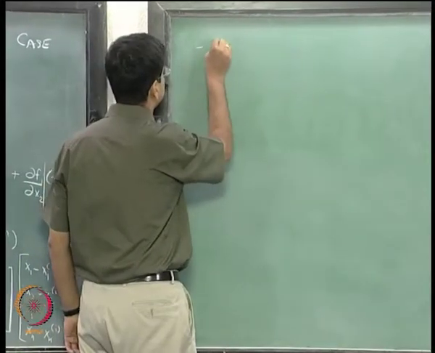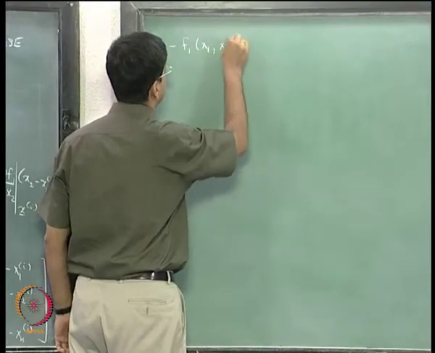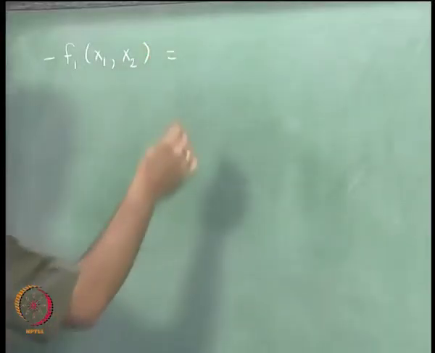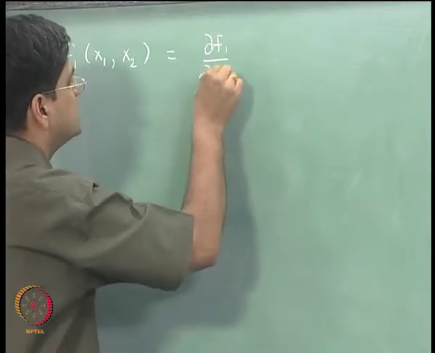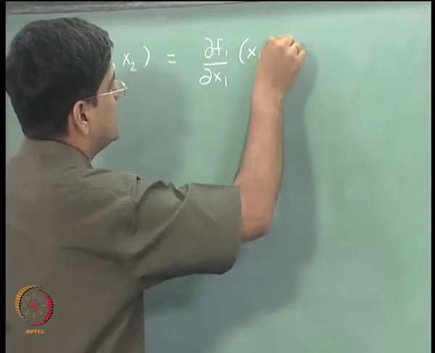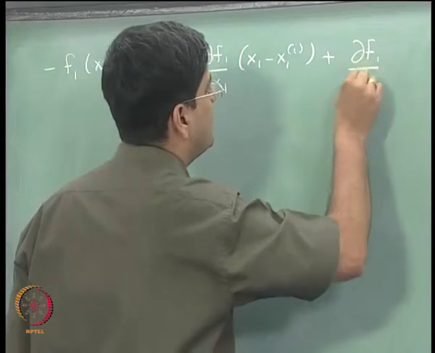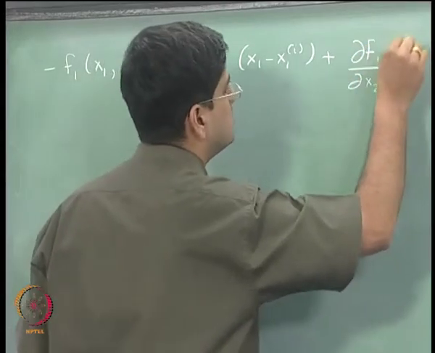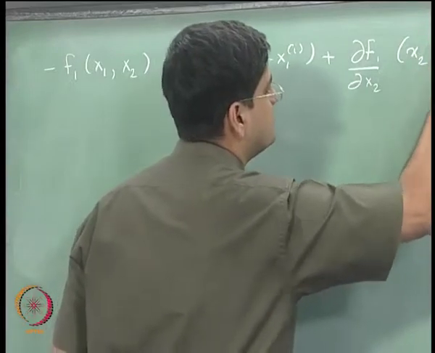In the 2 variable case, we will have f1 of x1, x2 equal to dou f1 by dou x1 times x1 minus x1i plus dou f1 by dou x2 times x2 minus x2i.